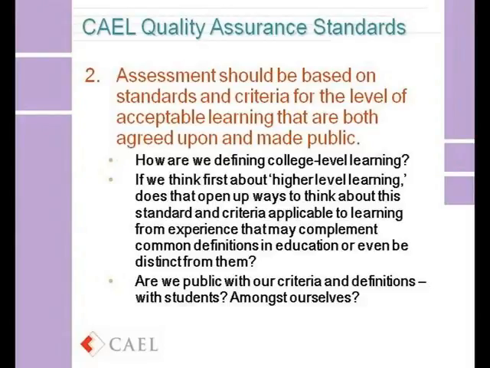And graduate level credit should be awarded for graduate level learning. Levels of learning should be defined by criteria. And a question you can ask yourself when testing if you're in compliance with this standard: are we public with our criteria and definitions, with the students and amongst ourselves?